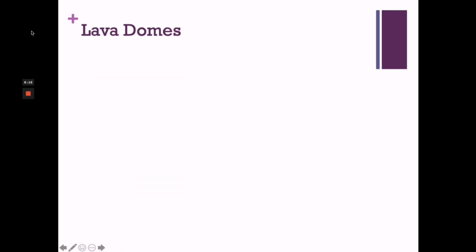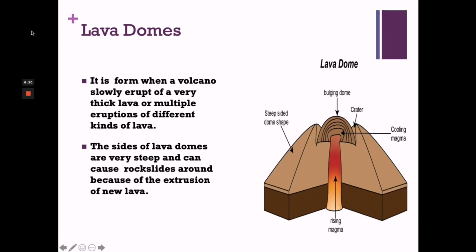The last type of volcano is lava domes. It is formed when a volcano slowly erupts very thick lava or multiple eruptions of different kinds of lava. The sides of lava domes are very steep and can cause rock slides because of the extrusion of new lava.